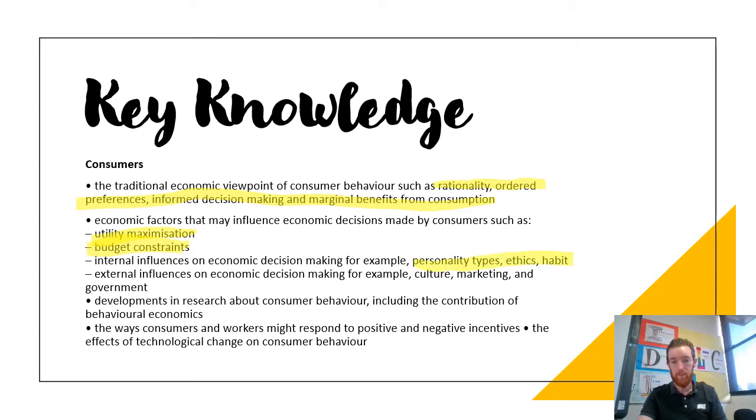And then external influences such as culture, marketing, and government, as well as the way consumers may respond to positive and negative incentives, and the ways technological change can impact consumer behavior. So a lot to get through, but it's all relatively simple. We're going to look at it in dot point form and expand upon it.